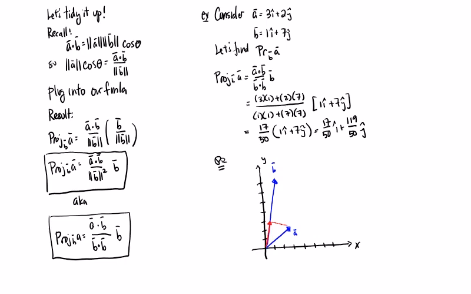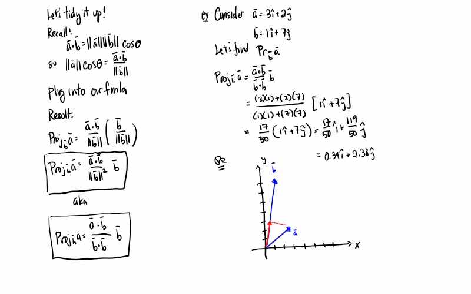Now, if you look at the calculation we did, 17 over 50 is 34 over 100. That's 0.34. 119 over 50 is 238 over 100, or 2.38j.